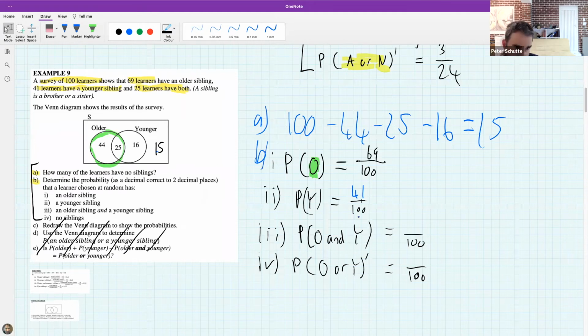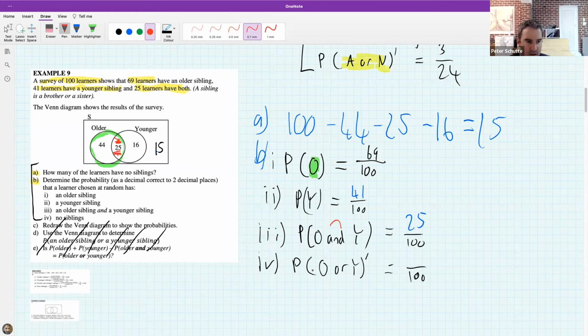Now, what's the last two? So what's the probability that you choose a random student and they have both an older and a younger? Then they're only going to be the ones that are in the intersection. They're only going to be the ones that are in both sets or in the unhappy face, if I was using this notation.